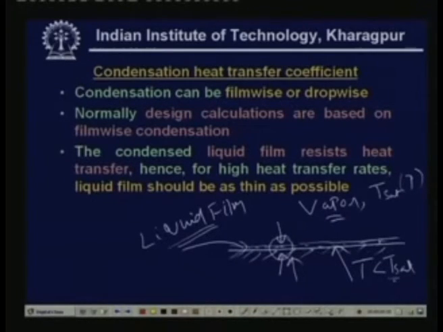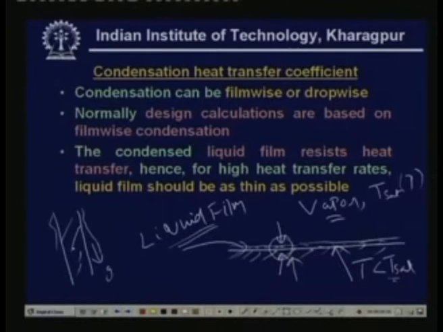If you have a horizontal surface, then this liquid film may grow in thickness, so the condensation rate reduces progressively. But suppose you have a vertical surface, or a vertical cylinder, and condensation is taking place on the outside, then because of gravity the liquid film will continuously drain out. So, the condensation rate will be high.